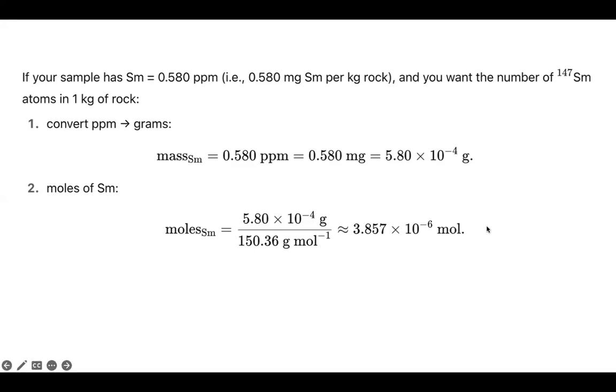Now we need the relative abundance of 147 samarium, and we get it by multiplication. Suppose the relative abundance is 15%, then you do 3.857 into 10 to the power minus 6 multiplied by 15%. Then you get the mole amount of 147 samarium in your sample.